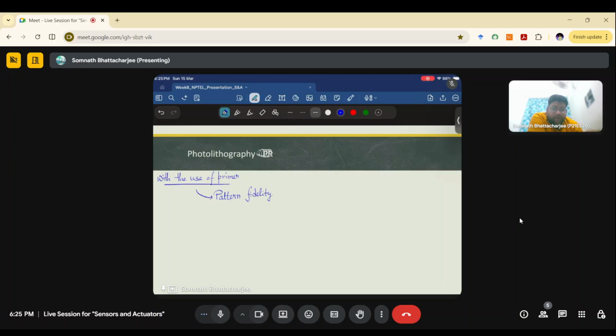Wi-Fi is wireless fidelity, and hi-fi is high fidelity. So can anybody tell me what fidelity means? Anyone?